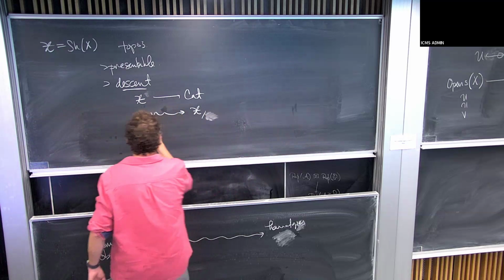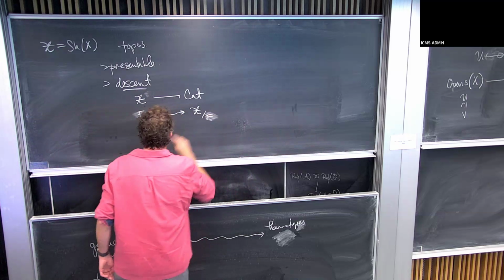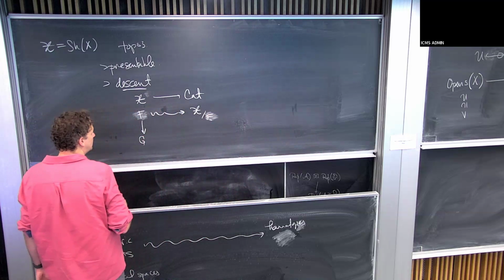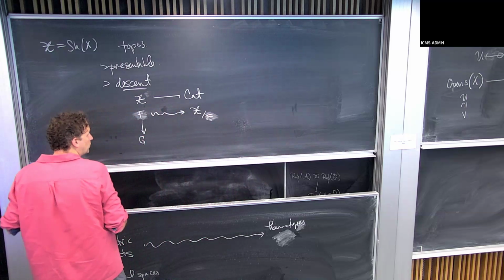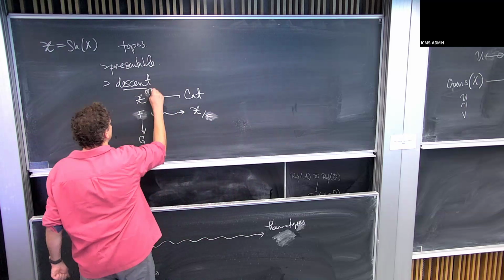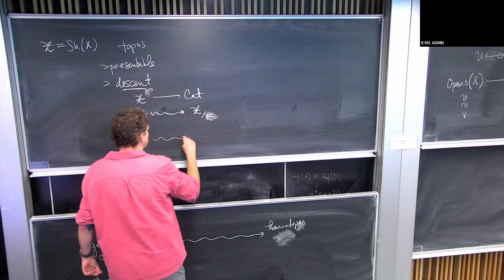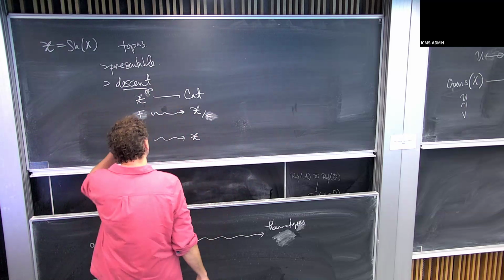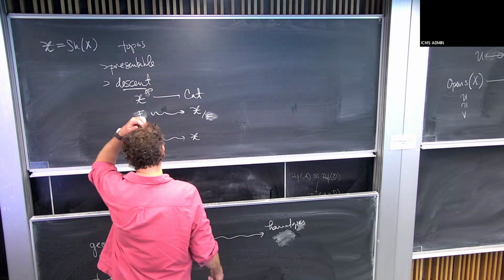I'll call it F or something. And if I've got a map here, well, sorry, maybe I want to do this from the opposite just to get this right here.